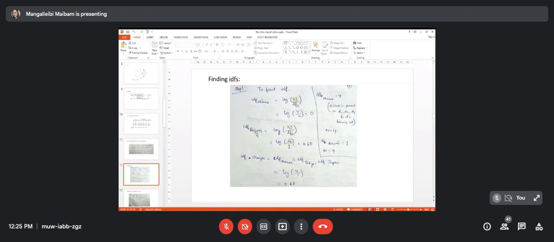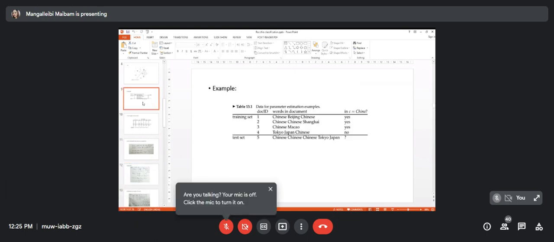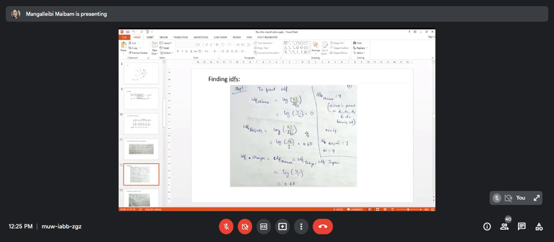Similarly, the IDF for Beijing. For Beijing also, the total number of documents N is 4 because we have only 4 documents. Then we see the document frequency for Beijing, it is there only in D1. So the document frequency will be 1. That's why we have written here 4 divided by 1. So log 4 is 0.60.